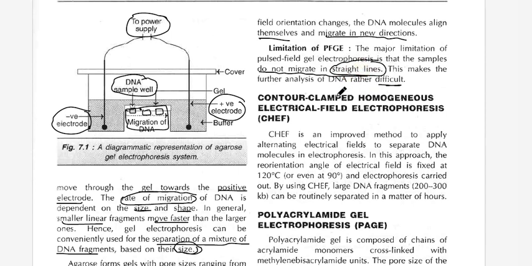Then another kind of gel electrophoresis is contour clamped homogeneous electric field. It is an improved method to separate DNA molecules. Here the reorientation angle is fixed, but in pulse field it is not fixed.